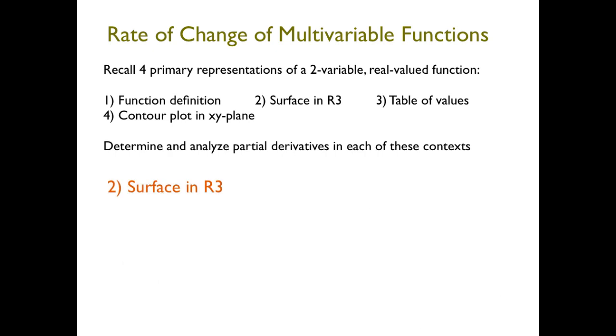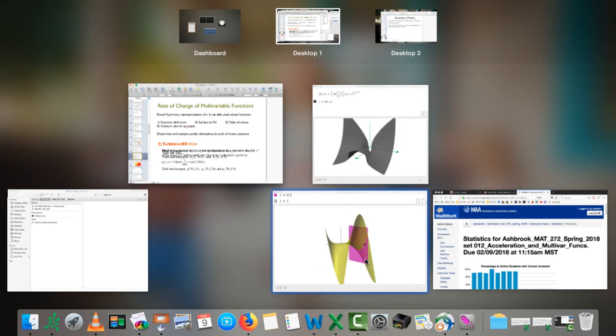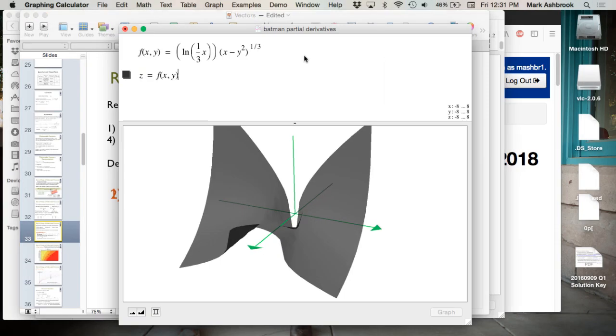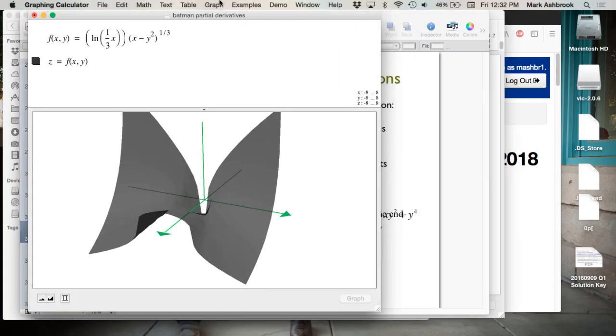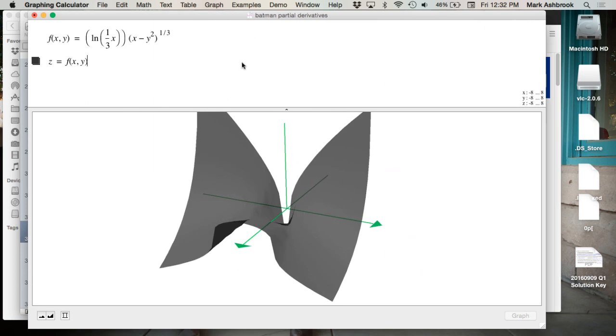Okay. So surface. We already saw the one surface. So let's look at this one. So this is the function. Well, this is kind of going back to the first one, just finding the partial derivative.